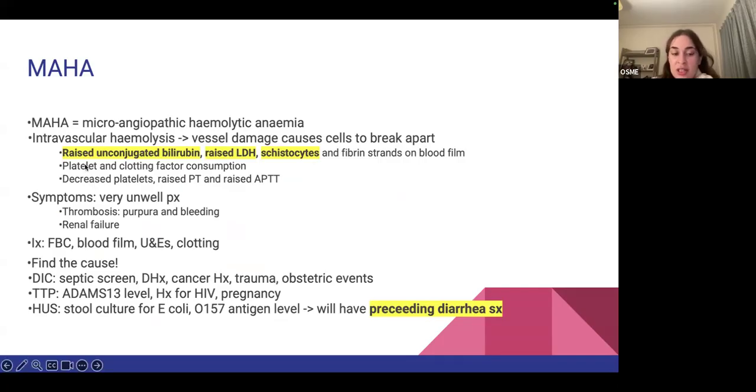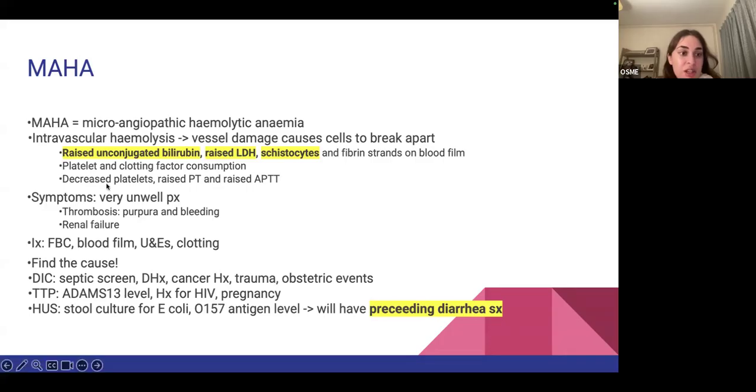Platelet dysfunction tends to happen due to infection, so in cases of DIC, or where there's sepsis, or HUS, which is hemolytic uremic syndrome, where you've got this E. coli O157 infection, and the question stem will tell you the patient's had diarrhea if it's HUS. The genetic cause will be TTP, and that's an ADAMTS13 mutation.